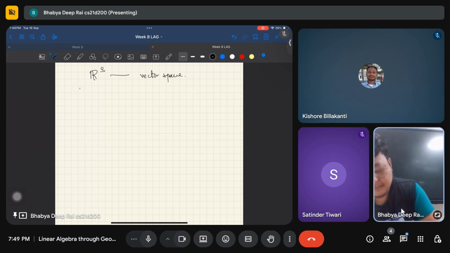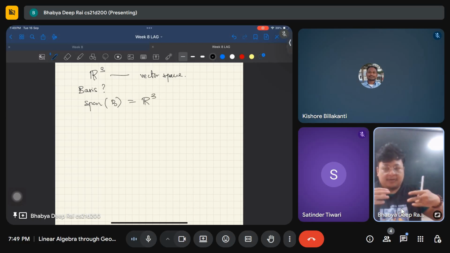Now, what is the basis? What is the basis of R cube? Firstly, the span of the basis should be equal to R cube. So on doing linear combinations of everything in B, I should be able to generate any element in R cube.